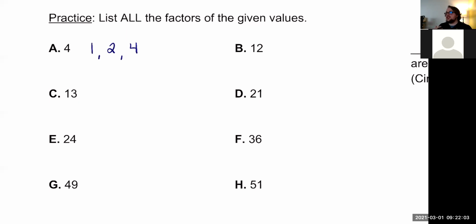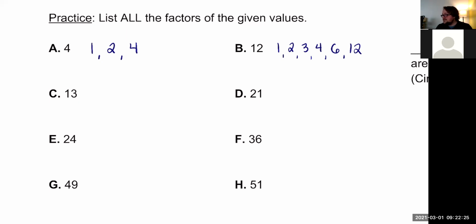So already it starts to feel a little bit overwhelming because we're jumping around and it's hard to keep track of which ones we've listed. But if we were to list them in numerical order, we said 1, 2, 3, 4, 6, and 12 are all considered factors of 12.